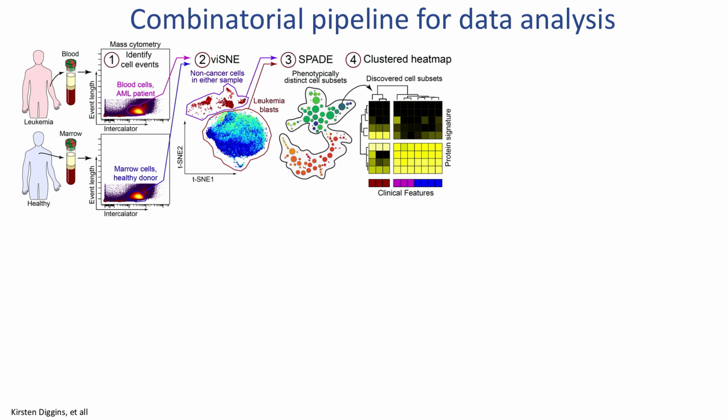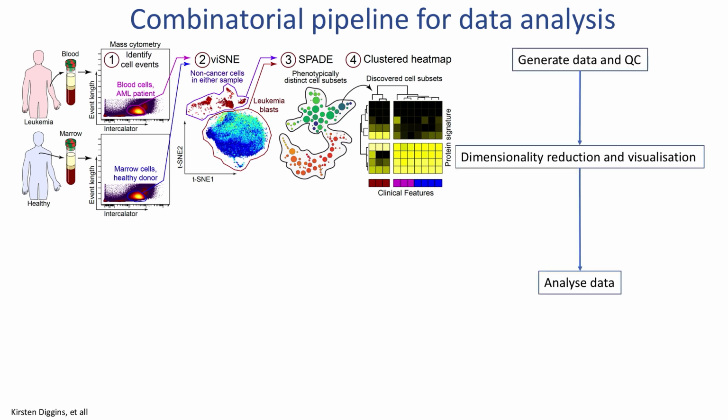And we use this pipeline of dimension reduction by stochastic neighbor embedding, using clustering and hierarchical clustering to identify the markers, the population of cells that we are interested in. This was published first by Kirsten from Jonathan Irish's lab at Vanderbilt University, and then we adopted this pipeline in collaboration with Jonathan.